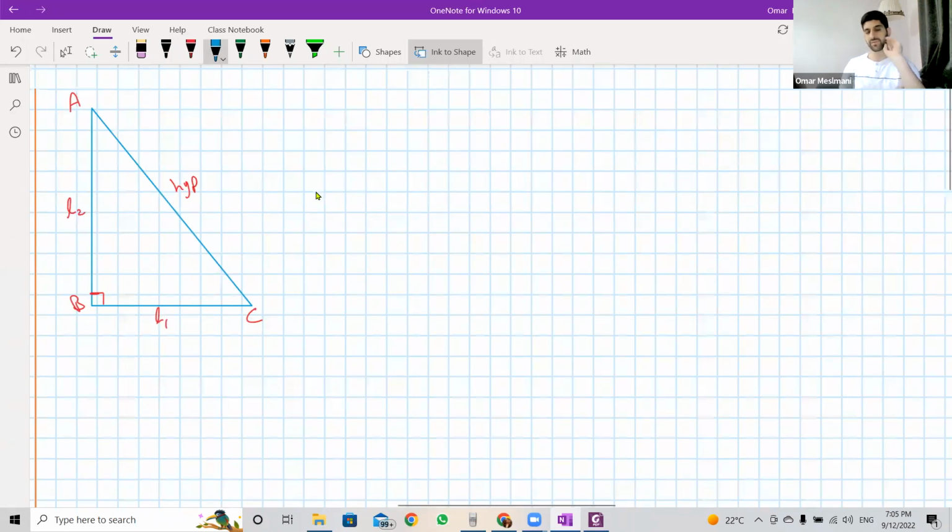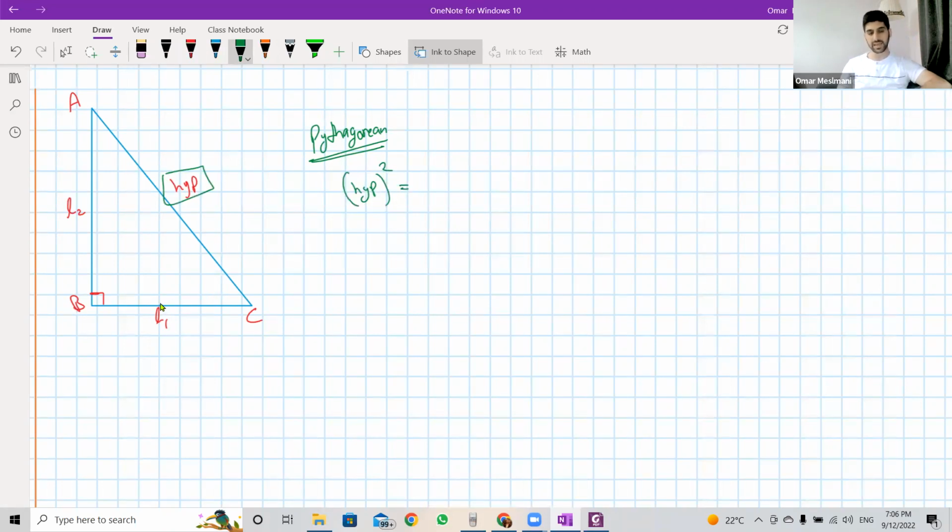Now we have a theorem. It's so important. It's called the Pythagorean theorem, Pythagoras. It says that if you take the hypotenuse and square it, you will get the square of leg number 1 plus the square of leg number 2.